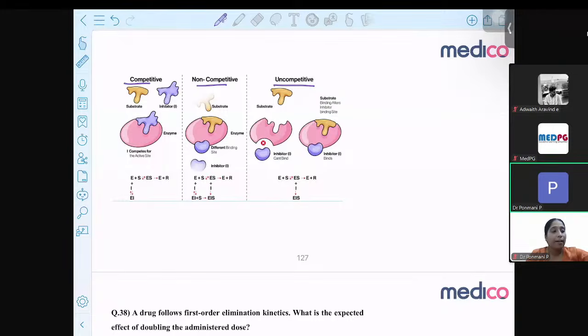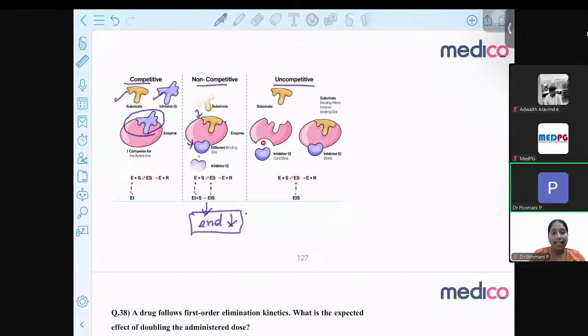In a competitive inhibitor, both the substrate as well as the inhibitor fight for the same common site. And what about a non-competitive inhibitor? In a non-competitive inhibitor, the substrate and the inhibitor bind to different sites, so there is no competition here. They act at different sites and the end result will be decreased.